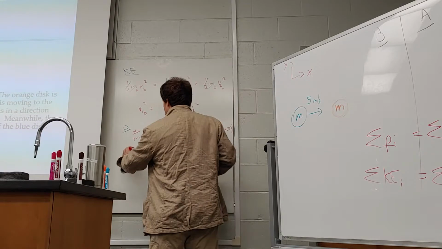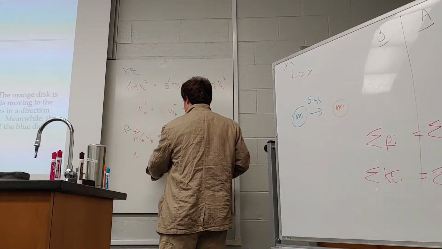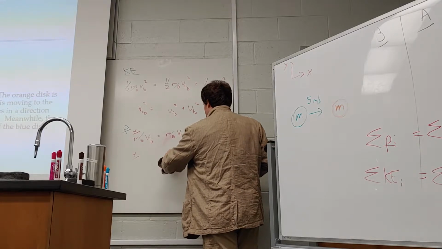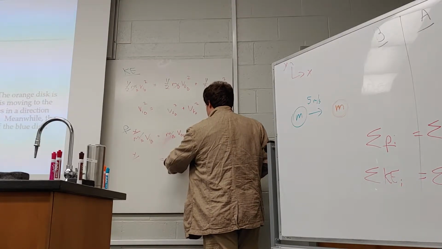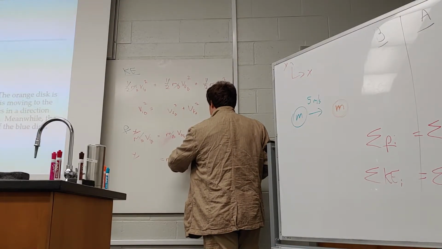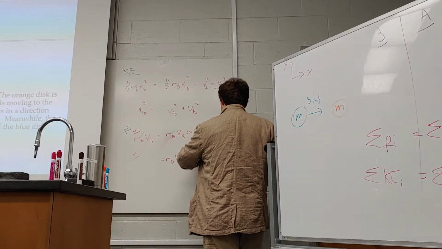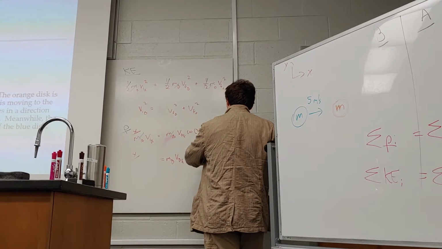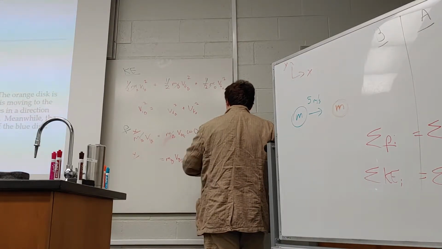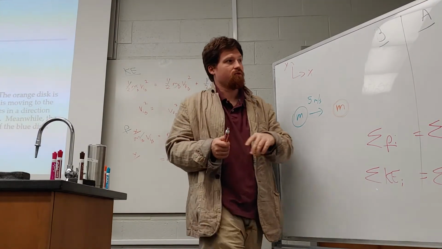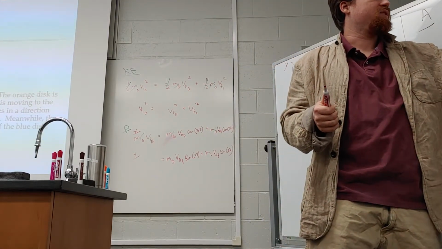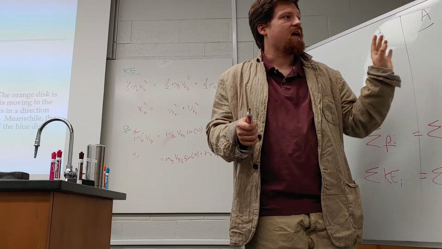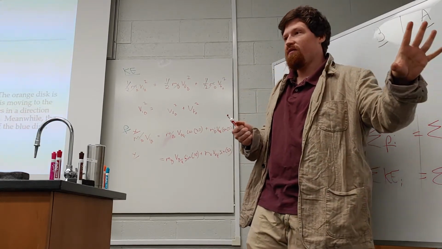If we look at the y-axis, after the collision, each object has a y component, and that would use sines instead of cosines. So where before we used cosine to find the x's, we would use sine to find the y's. So that's after the collision where they both have a y velocity.